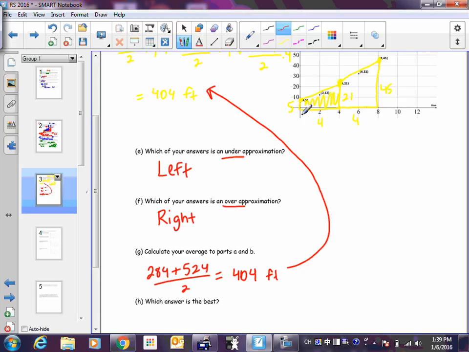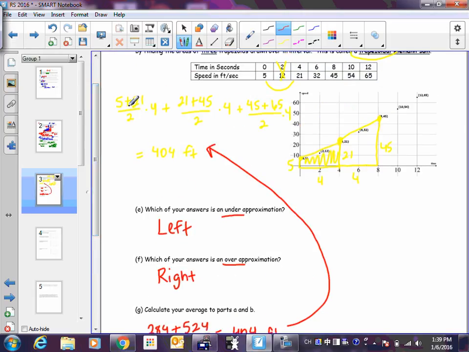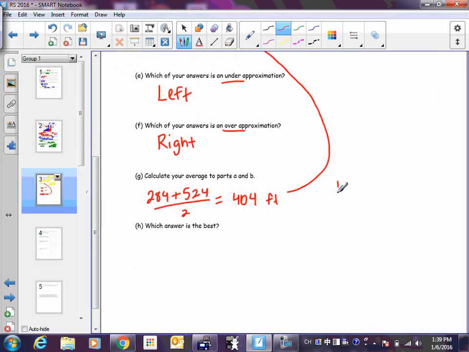Now that's not a coincidence. Think about how we did trapezoid. We were averaging the left and right numbers. So it makes sense that if I have a left Riemann sum, I want you to write this in your notes: a left Riemann sum plus the right Riemann sum over 2, if you average those two, that is the same as your trapezoid Riemann sum.